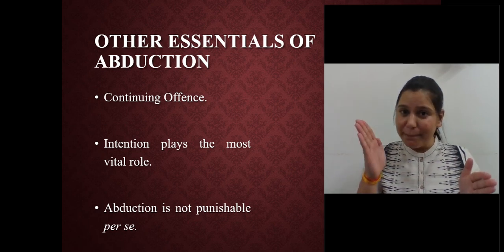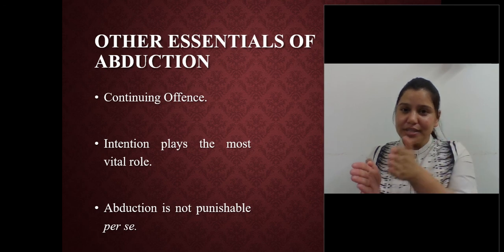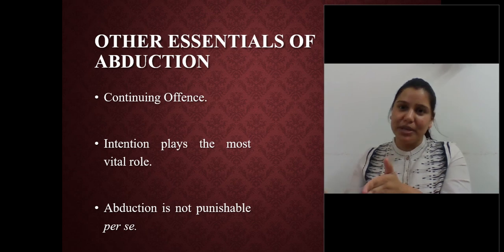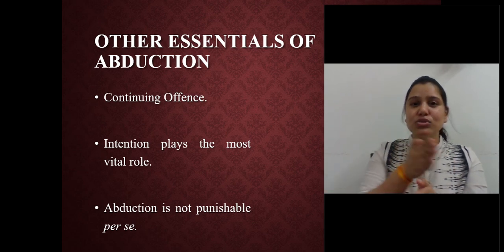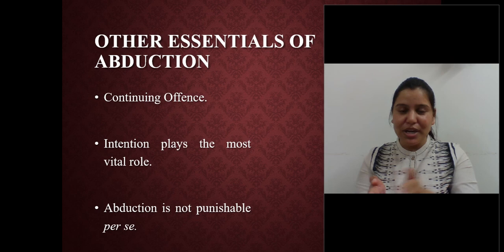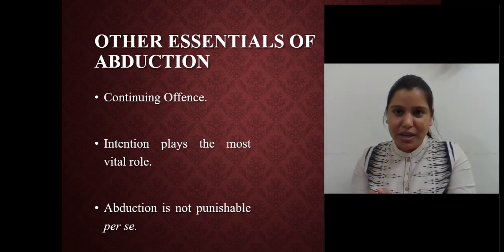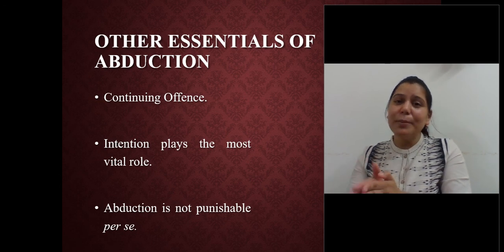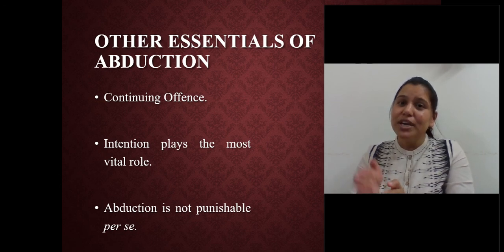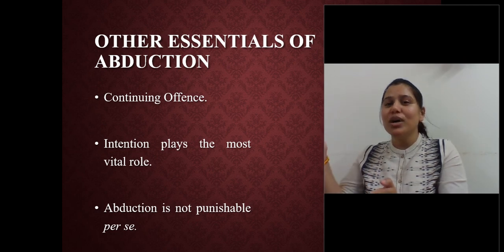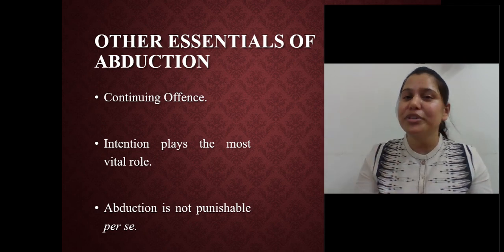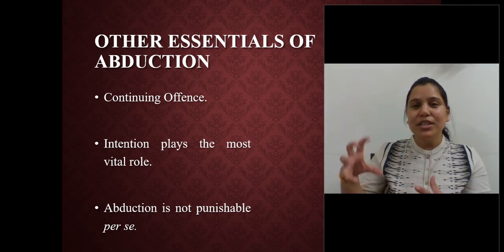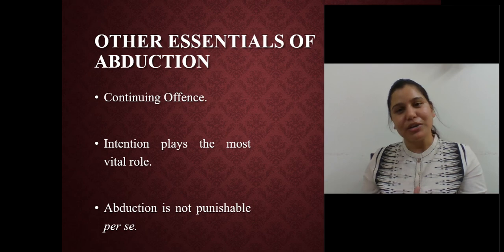Now here, A is with B. Now again, a C party takes A from B. So here B committed abduction as soon as B moved A from one place to the other, and C also committed abduction as soon as he moved A again from that place to another place. So it is a continuing offense. Whosoever, however many times commits it, the person commits abduction.